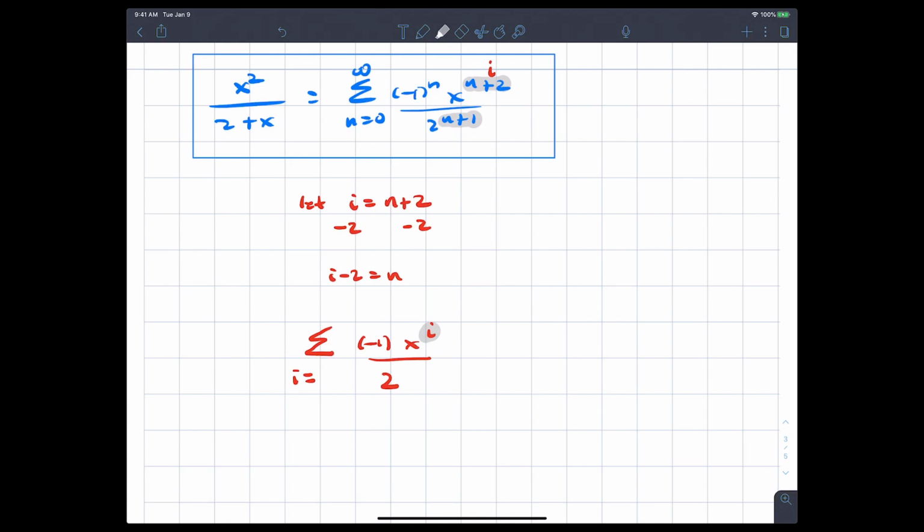Well, since I have here that i minus 2 is n, if I add 1 to both sides, I get i minus 1 is n plus 1. So this becomes i minus 1 now. So I'm going to substitute n plus 1 down here with i minus 1.